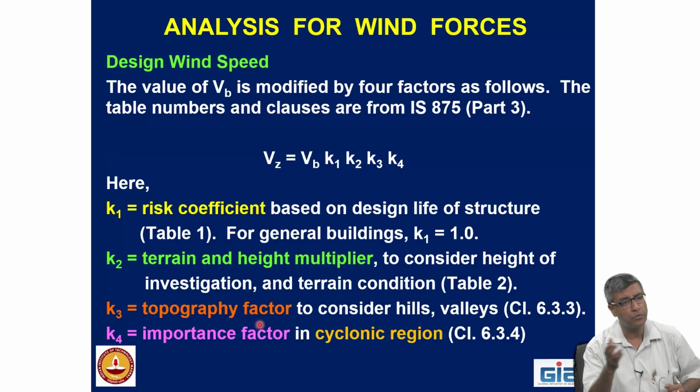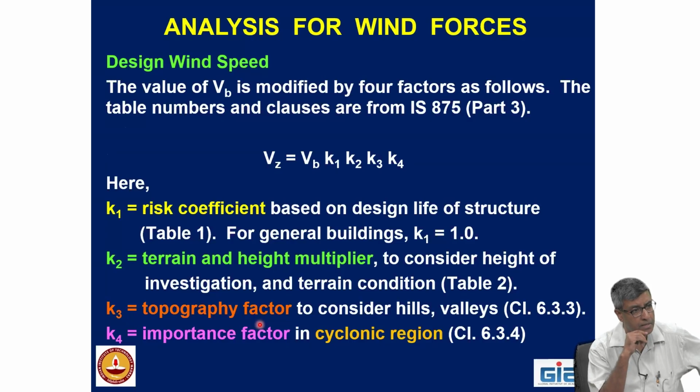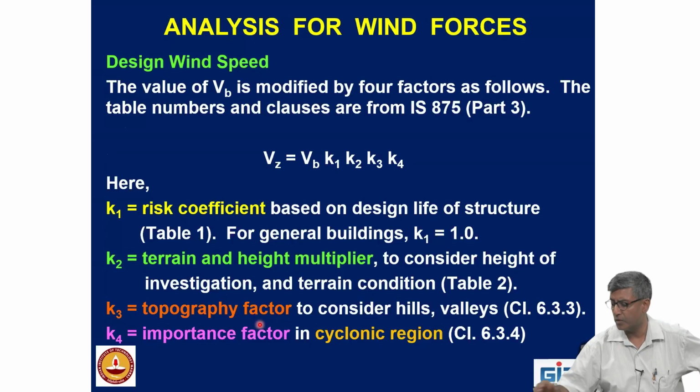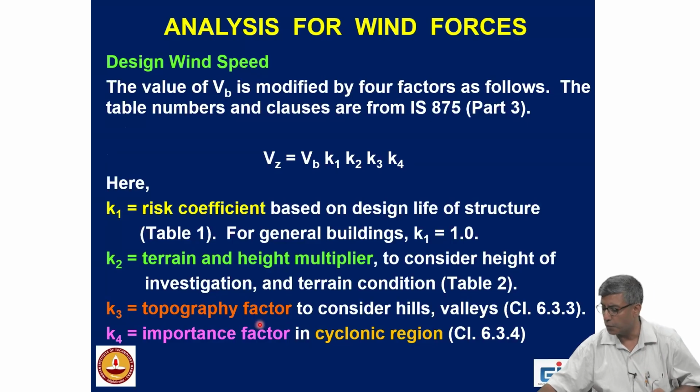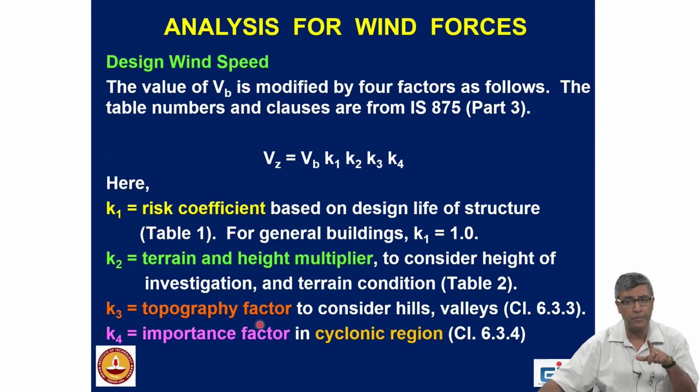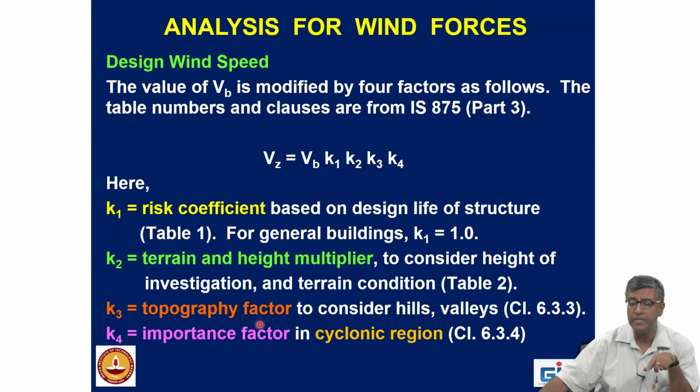That means if I look at this whole east coast, there can be buildings like cyclonic shelters and emergency buildings, for which you have to consider another extra factor. But for conventional buildings, we don't have to consider that. That means there are 4 factors, K1 to K4, which you multiply to Vb to get Vz. Now, please note, K2 is a factor which depends upon the height, and hence Vz is now dependent on the height.